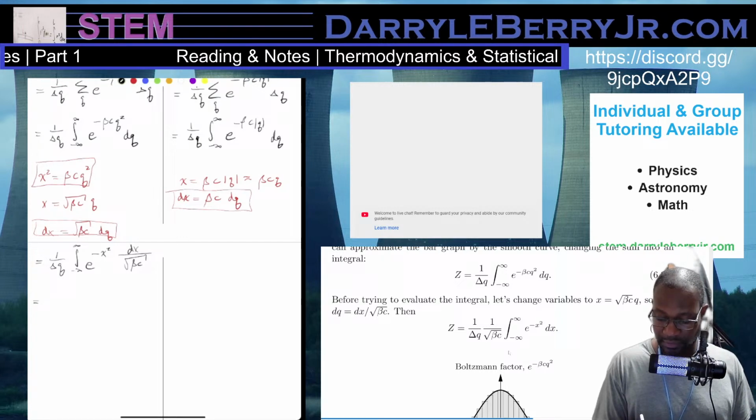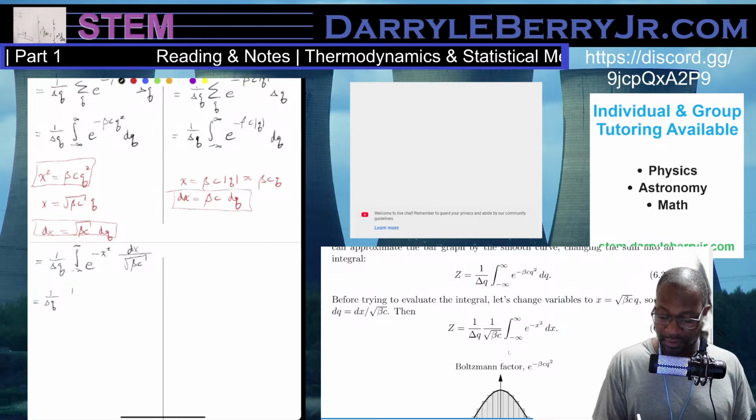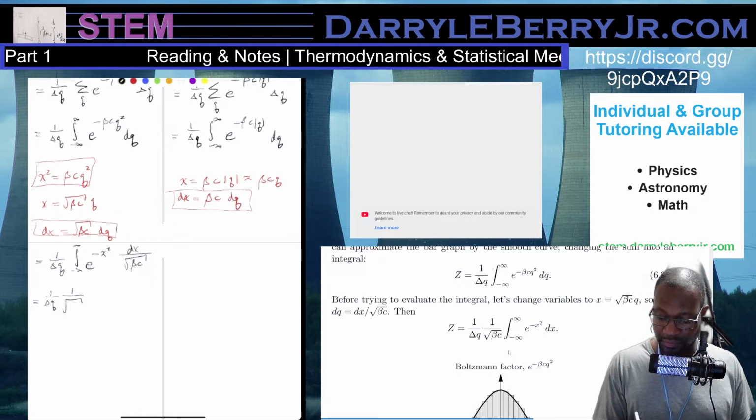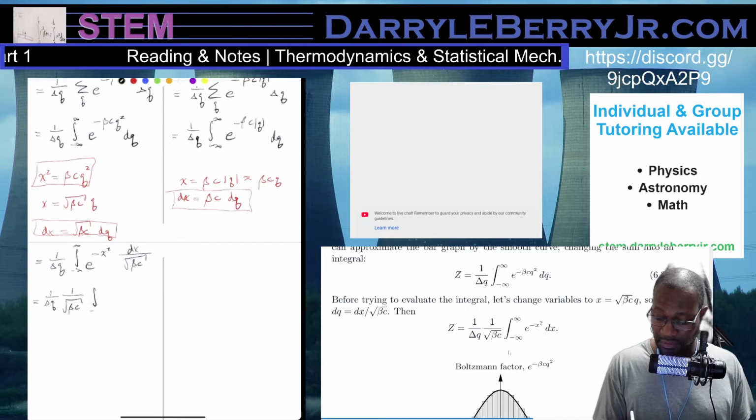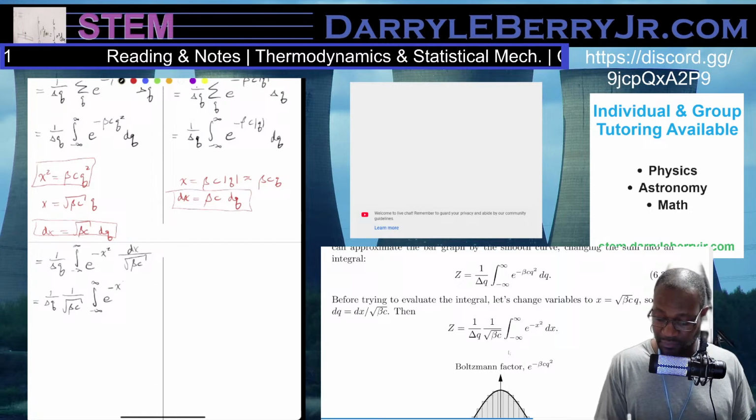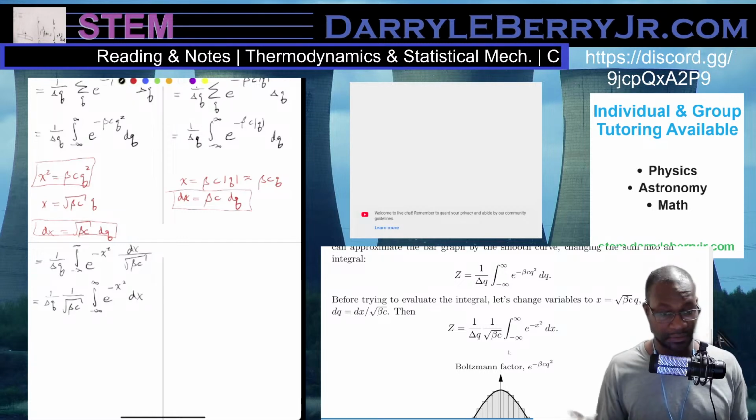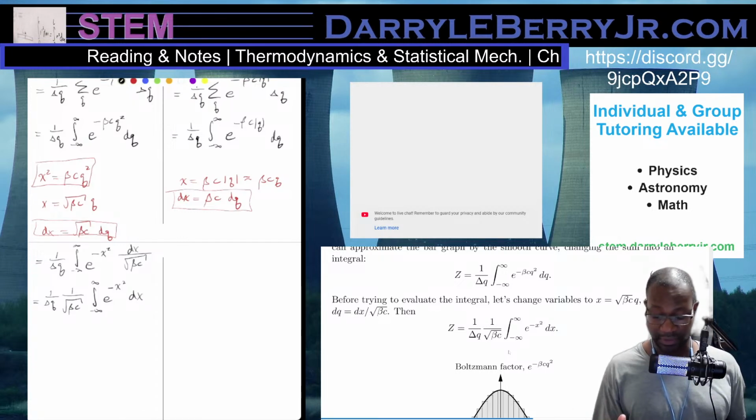So this equals 1 over square root of q, 1 over square root of bc, integral negative infinity to infinity e to the negative x squared dx. And that's what they have there.